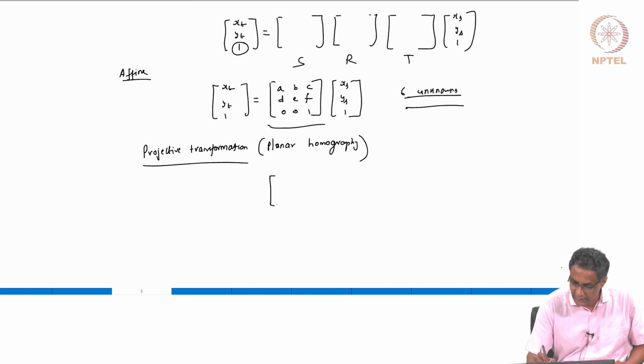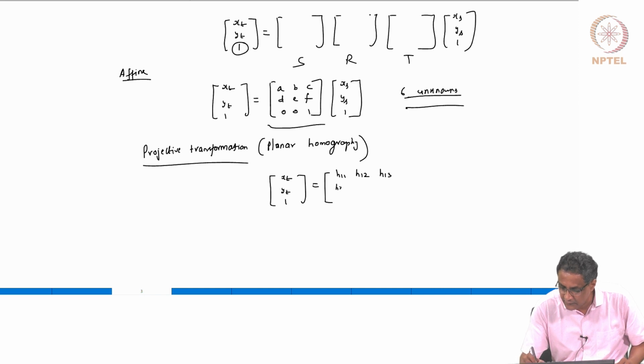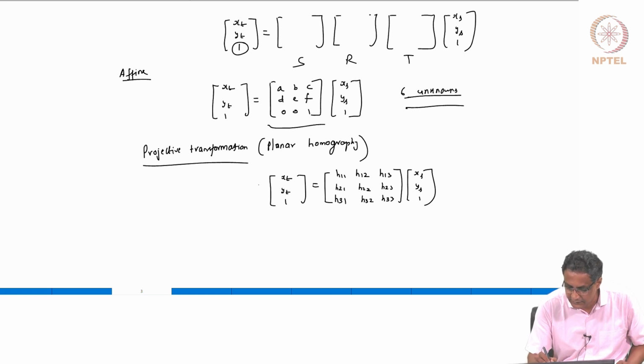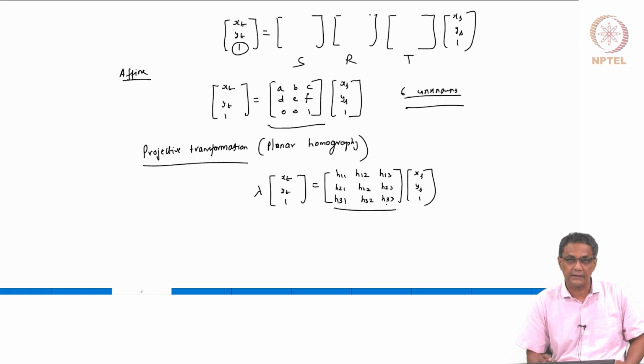So if you think about it, you will have xt, yt, 1, and you can write this as, we will just use h11. So this is a homography matrix. The standard notation is h11, h12, h13, h21, h22, h23, h31, h32, h33, multiplying xs, ys, 1. Now in general I multiply this by lambda, because there is no guarantee that this last number will be 1, as it could come out to be anything.